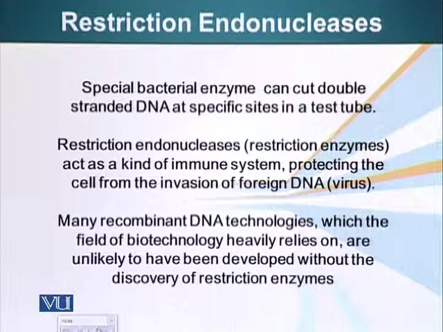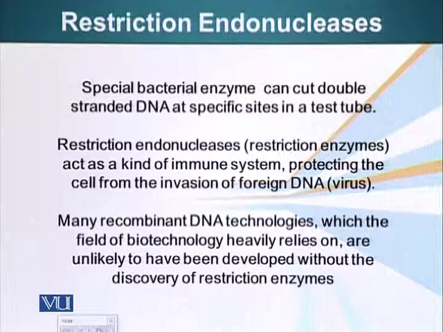That is what led scientists to explore this phenomenon, and they found that there are bacterial enzymes that can cut double-stranded DNA at specific sites. Since these enzymes restricted the growth of bacteriophage, they were called restriction enzymes. They restricted the growth of a phage virus.